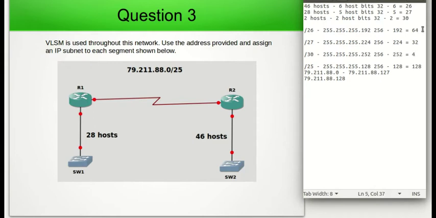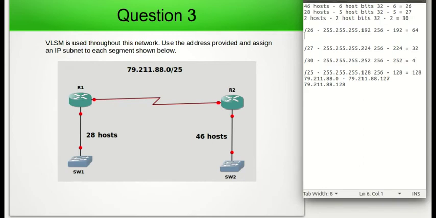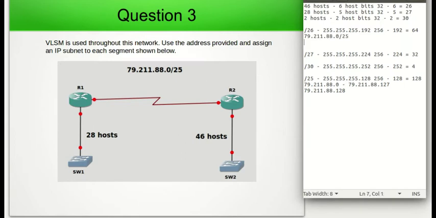Now let's list the subnets that we can get with this subnet mask. Okay, so we have 79.211.88.0/26. Then we have 79.211.88.64/26.